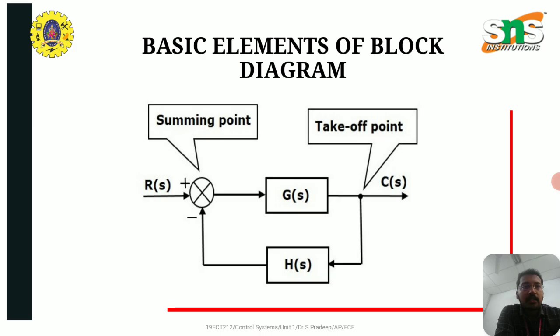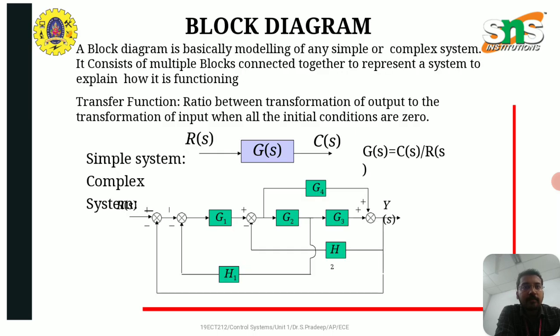The basic elements of a block diagram are the summing point, takeoff point, and the transfer functions, input R(s) and output C(s), and a feedback path. A block diagram is basically modeling of any simple or complex system. It consists of multiple blocks connected together to represent a system to explain how it is functioning.